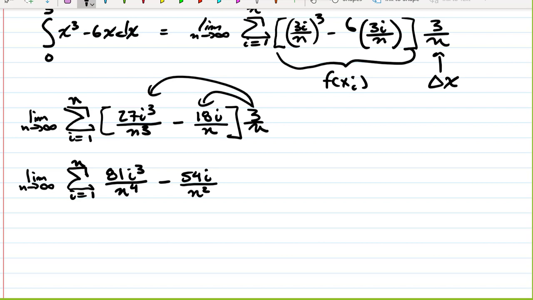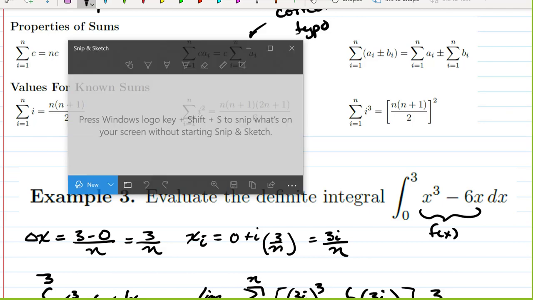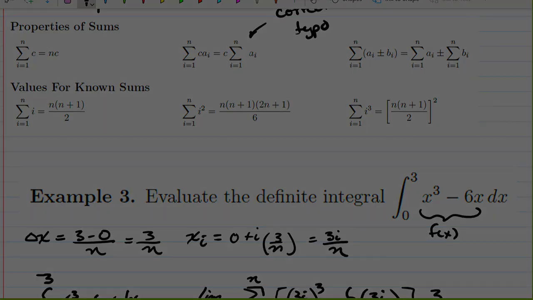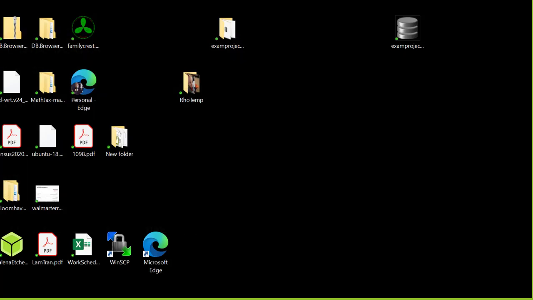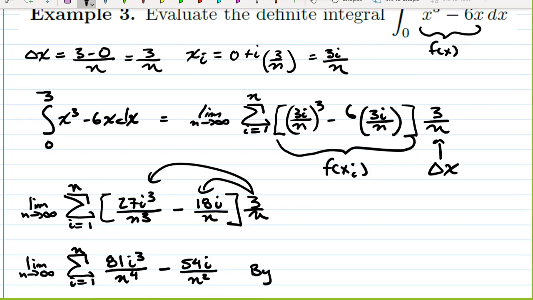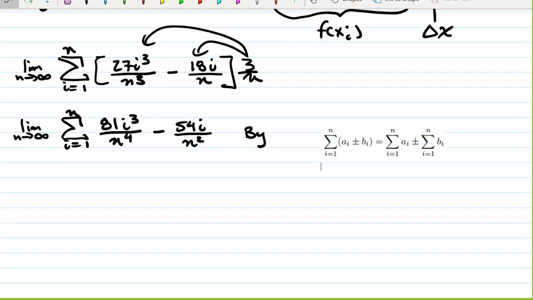So now we want to use some of our properties. So by our third property up here, we can break that summation up into two different parts.